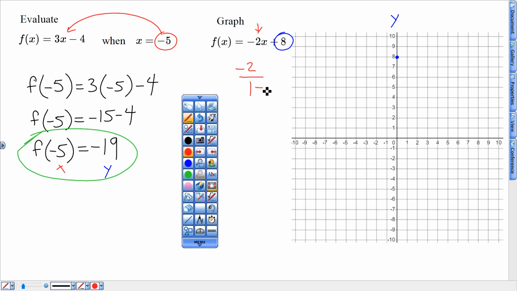That tells me every time I go right 1, down 2, right 1, down 2, right 1, down 2, and so on. Left 1, up 2. Be able to stair step opposite. Draw a straight line through those dots. Put arrows on each side of that line.